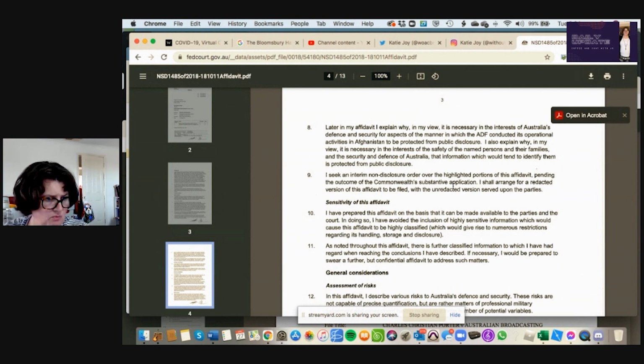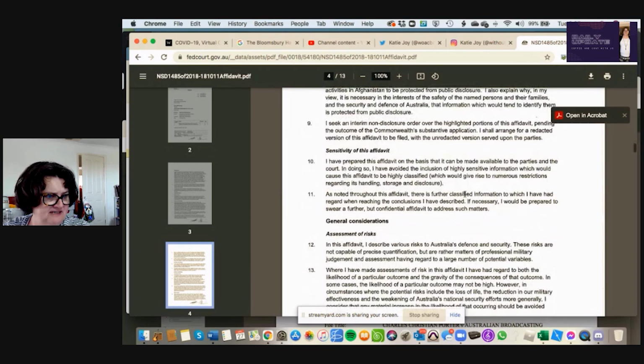I also explain why, in my view, it is necessary in the interests of the safety of the named persons and their families and the security and the defence of Australia that information which would tend to identify them is protected from public disclosure. I seek an interim non-disclosure order over the highlighted portions of this affidavit pending the outcome of the Commonwealth's substantive application. I shall arrange for a redacted version of this affidavit to be filed with the unredacted version served upon the parties.